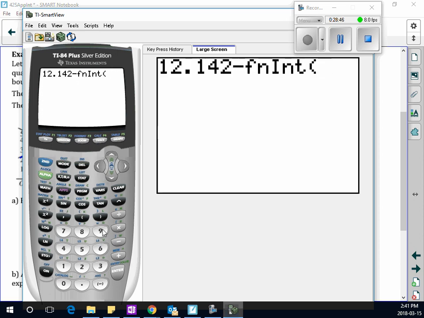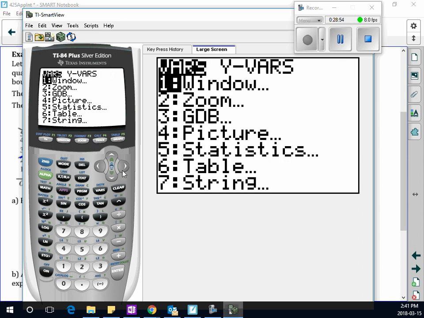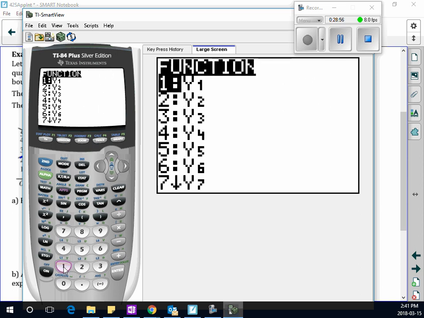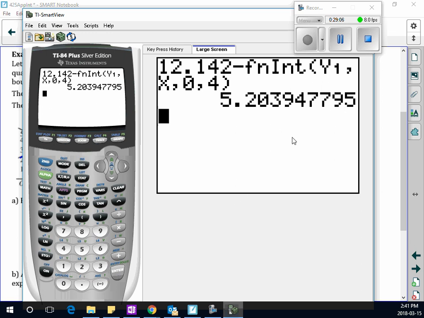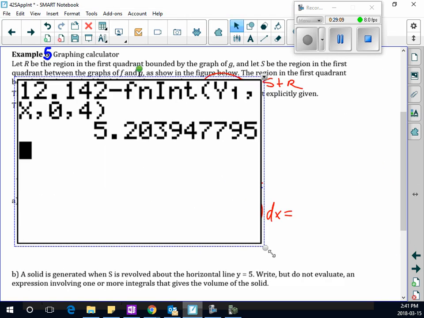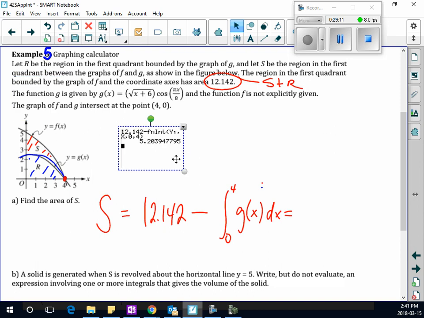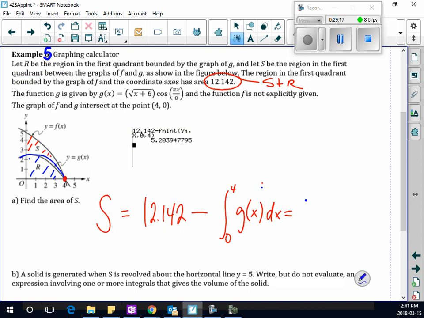You already got the answer. Is that what you got? Yes. Okay. 5.2039. Remember, I always do 4. It says corrected to 3. It's all good.